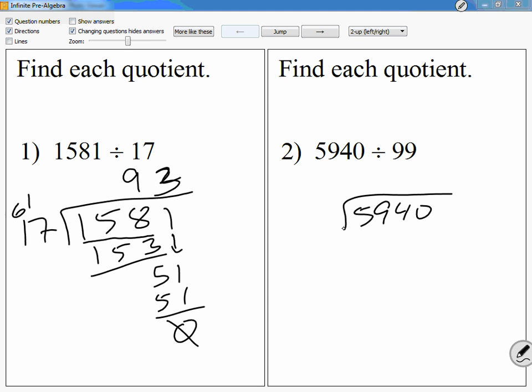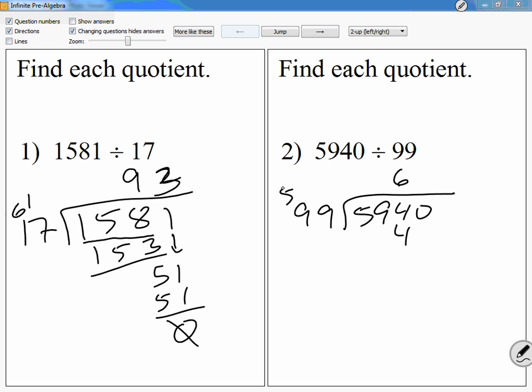5,940 divided by 99. 594 is almost 600. Almost 600. 99 is almost 100. So how many times does 100 go into 600? 6 times? I know 6 times 9 is 54, so we carry the 5.